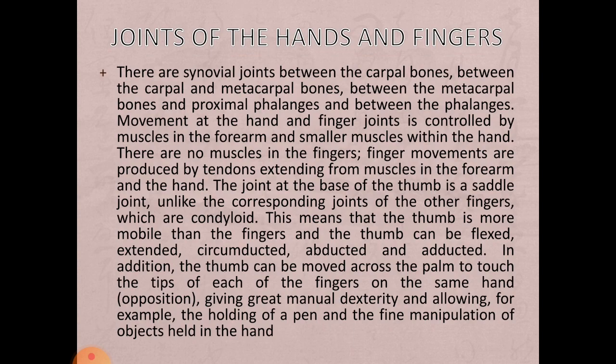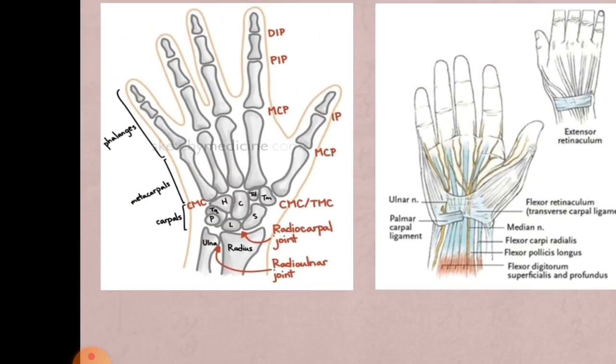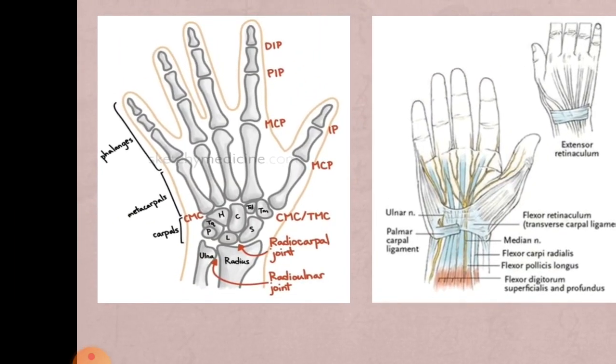Next, we have the joints of the hands and the fingers, and in this diagram you can appreciate different joints. So here you can see the carpometacarpal joints.